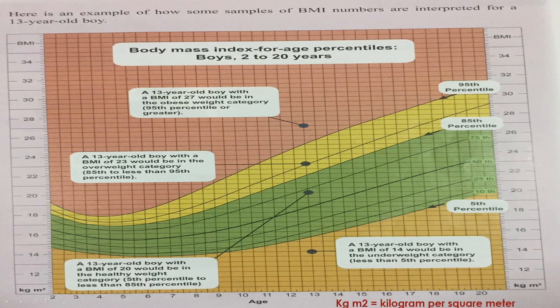Here is an example of BMI numbers as interpreted for a 13-year-old boy. A 13-year-old boy with a BMI of 14 would be in the underweight category, which means less than the 5th percentile.